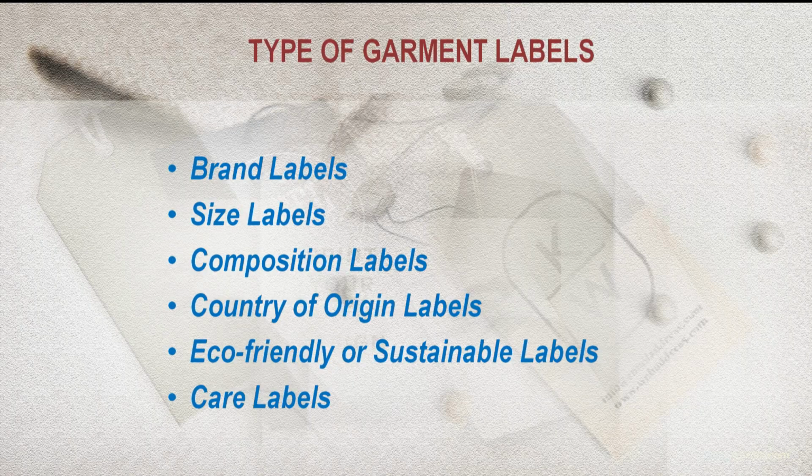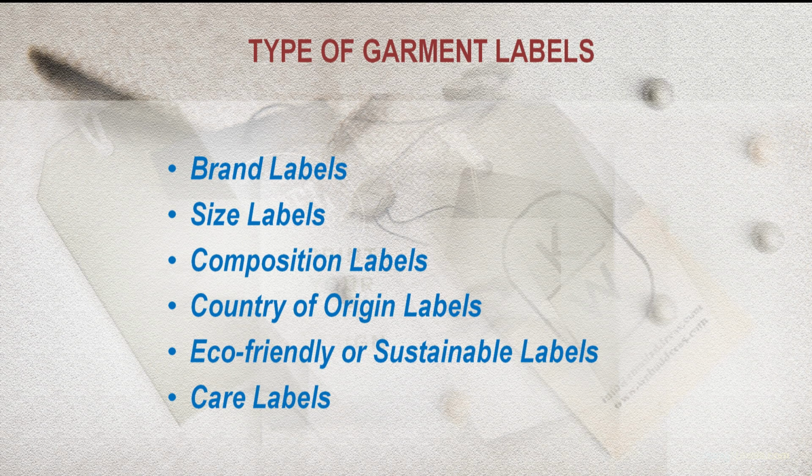Now there are different types of garment labels we see. First is the brand label, which gives information about the brand. Second is the size label. Generally we see in some garments that there is only one label on the inner side that indicates the size, like 42 or XL or small or 30.